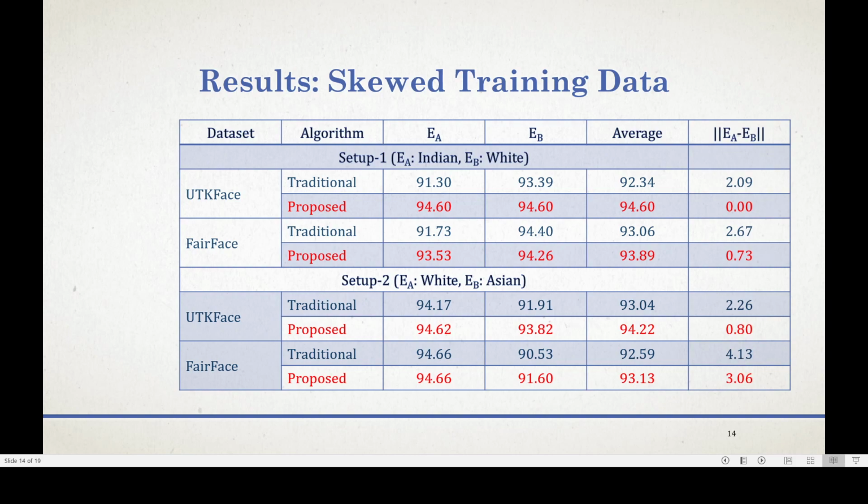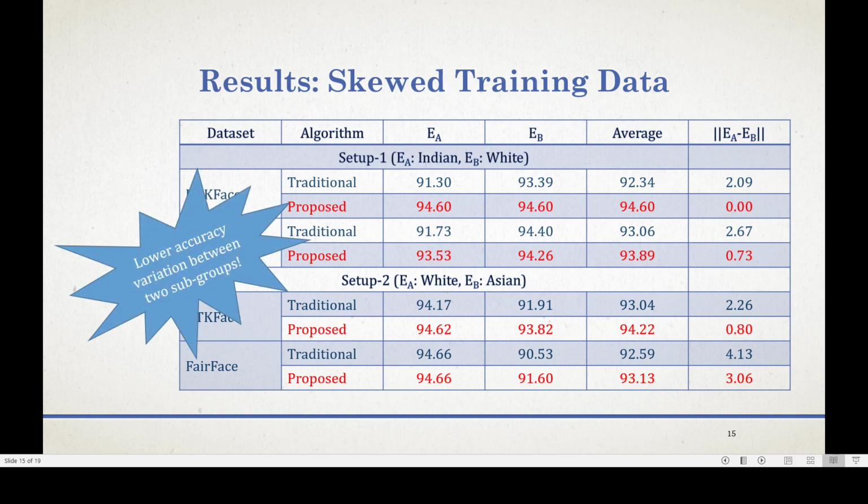The difference in accuracies between the ethnic groups reported in the last column of the table, that is EA minus EB, is considerably reduced using the proposed method. For example, on the UTKFace dataset, on both the setups, the proposed technique achieves less than 1% variation across the different ethnic groups.